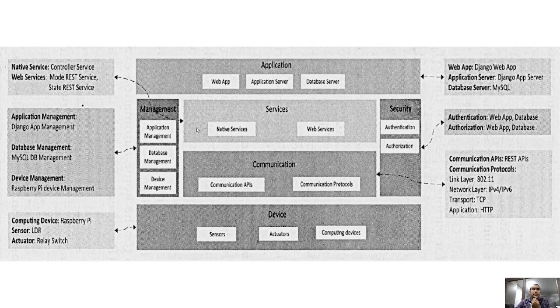So here we can see a mapping between the different functional groups as well as the different services, and we can also see the different software or hardware that we finalized during the previous operational view specification.